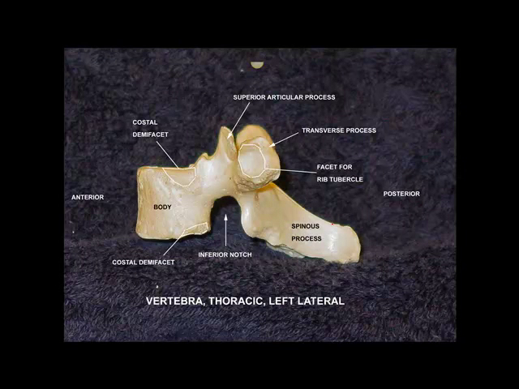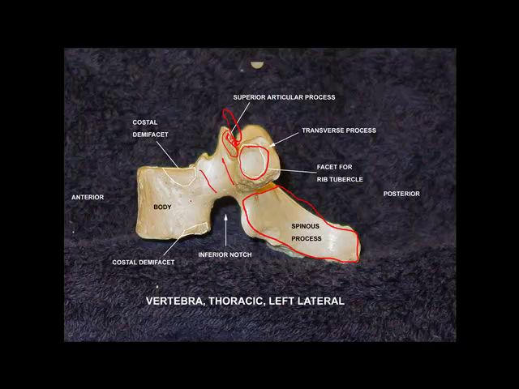Like this. This is a thoracic. Very long spinous process. You can see them on your back, especially on a skinny person. Here's the articular facet for the rib head. Here's the superior articular process for the vertebrae above it, and it will look like that, and they'll come together. Okay?